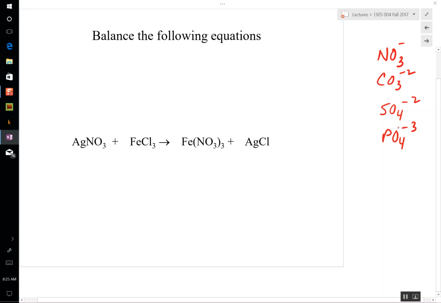But if I see a nitrate and a nitrate, and I can see that nitrate is staying as an entity in the reactants and the products, this doesn't work all the time, it works most of the time, I leave it as an entity right over here.